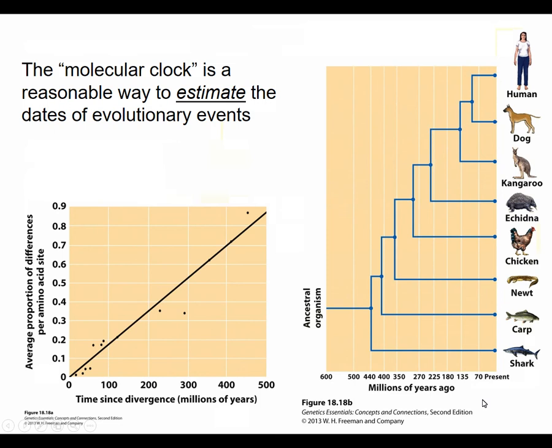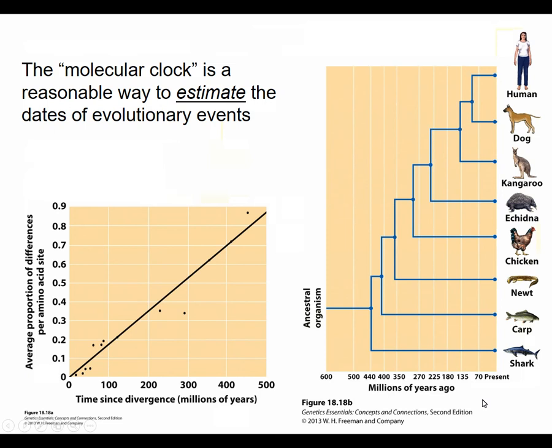When you find new organisms, you can interpolate where they belong in the evolutionary tree based on how many differences they have compared to the animals that you already have studied. So it's a way of adding things into the evolutionary tree based on what's already there. It's always assumed to be an estimate of how these evolutionary events happened, again, a hypothesis based on the data we have right now.